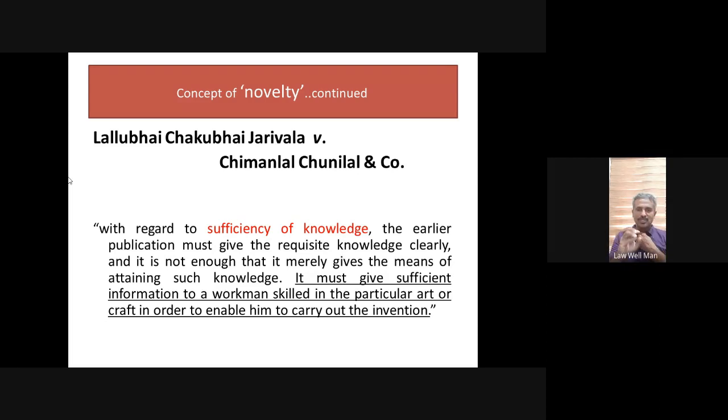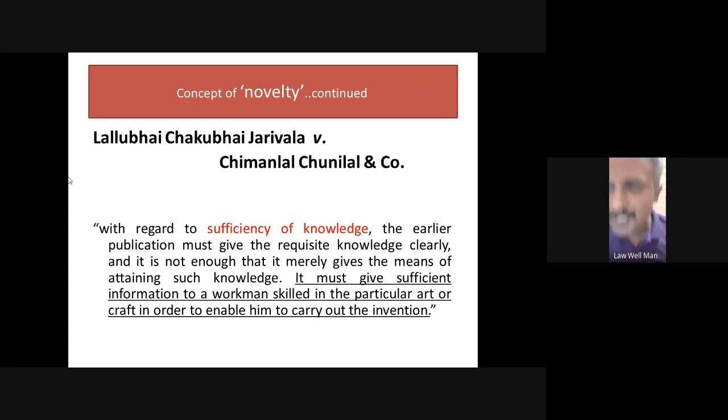If there is a pharmacist or a person who has got sufficient knowledge about the present state of affairs in the pharmaceutical industry, and if this particular publication is shown to him, and if he says, yes, this information, this 3-column news, is sufficient for me to make the product of that invention or carry out that invention, then that is a publication.